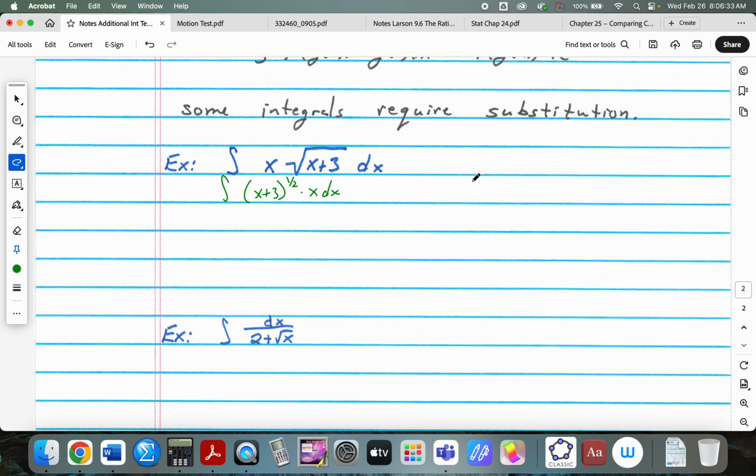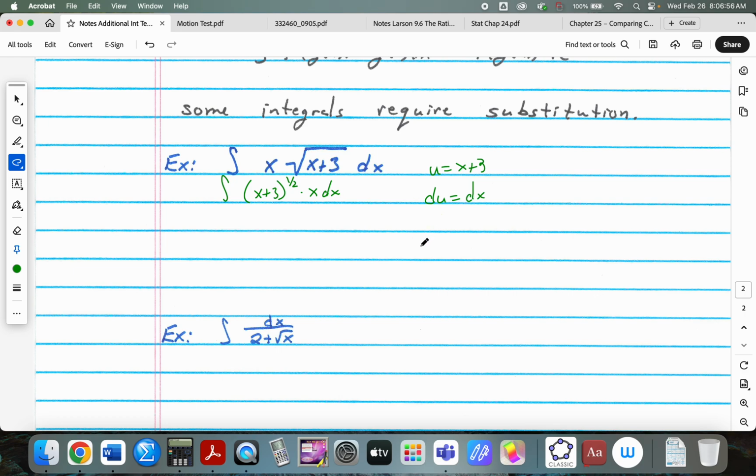Just like we did with U substitution, we're going to let U be equal to the inside part. So U is going to be equal to x plus 3. Just like we did with U substitution, we're going to take the derivative, so du is going to be equal to dx.